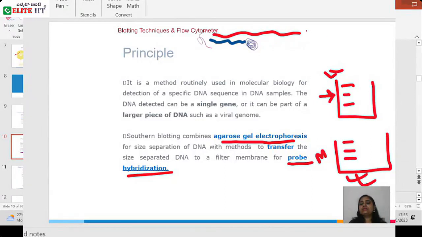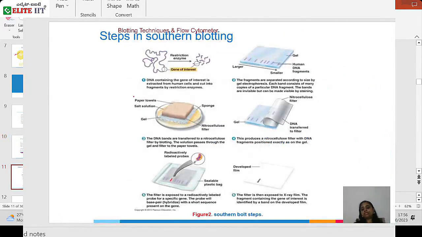We are trying to identify this DNA. In order to identify that, you have to add complementary short chain DNA, which is attached with a radioactive or fluorescent compound. In this way, you can identify or isolate your specific DNA.